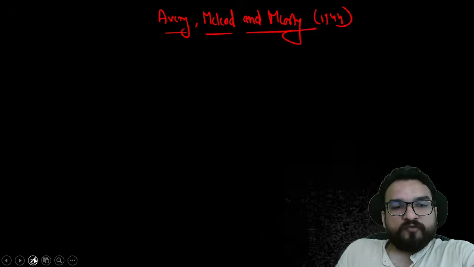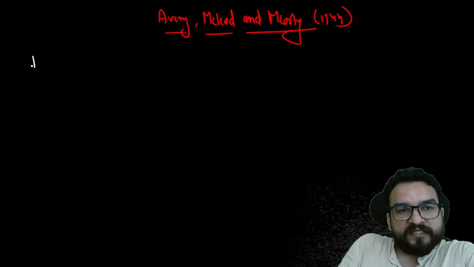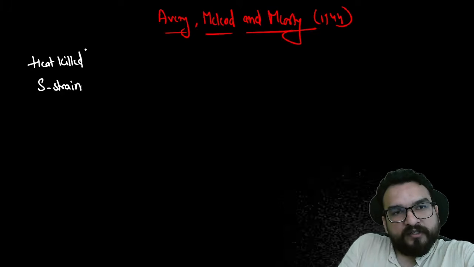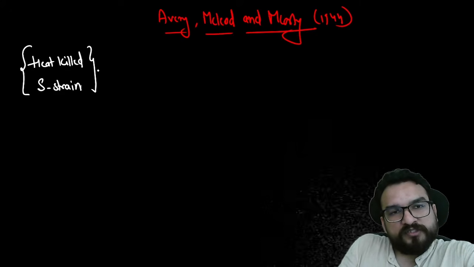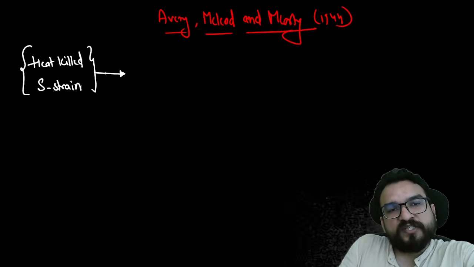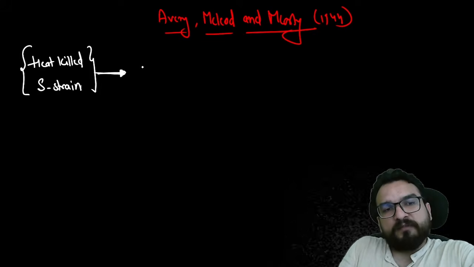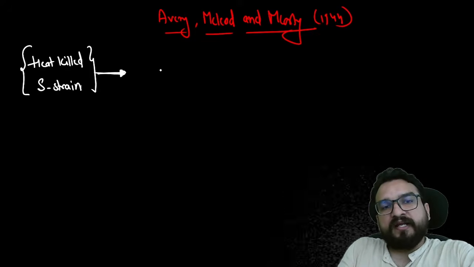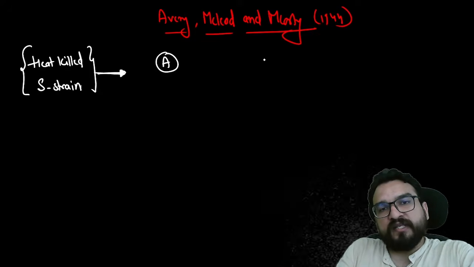What you will be finding over here, that cause of concern was this heat killed bacteria, heat killed S strain. So what they will be doing: heat killed Streptococcus pneumoniae over here, which has been made avirulent by killing the bacteria, right? So they will be taking this bacteria and making 3 cases.